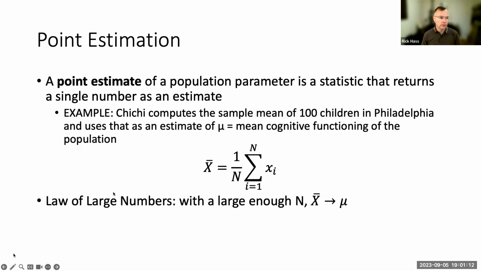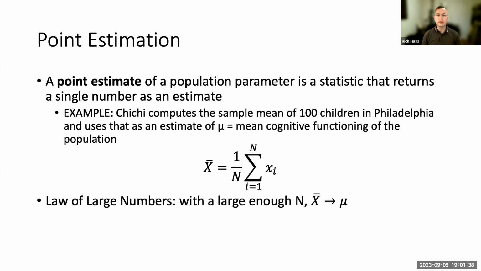We'll see in a little bit that our estimation gets better in the sense that the probability that our sample mean and our population mean are different goes to zero with large enough sample size. So point estimates are better when we have a larger sample.